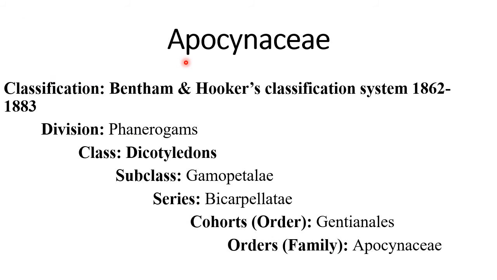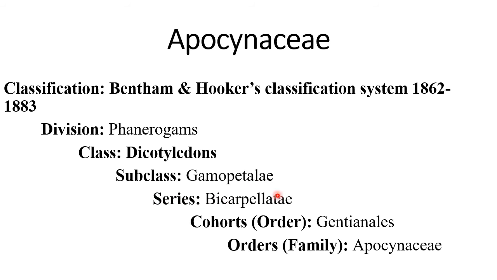Then systematic position as per Bentham and Hooker's classification system. So division is phanerogams, class is dicotyledons because embryo with 2 cotyledons, and leaves are with reticulate venation. Subclass is gamopetalae because petals are fused.